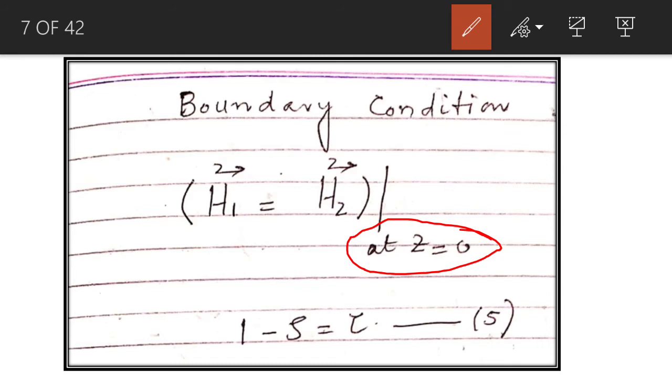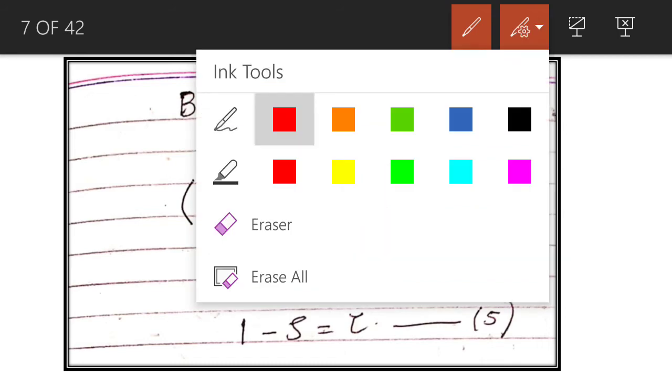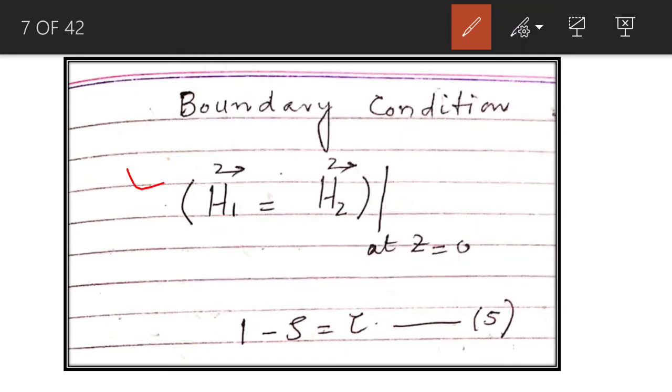So if we put the value of Z in H1 as well as H2, and simplify this equation, we get equation number 5. Equation number 5 gives you the relationship between the reflection coefficient and the transmission coefficient.